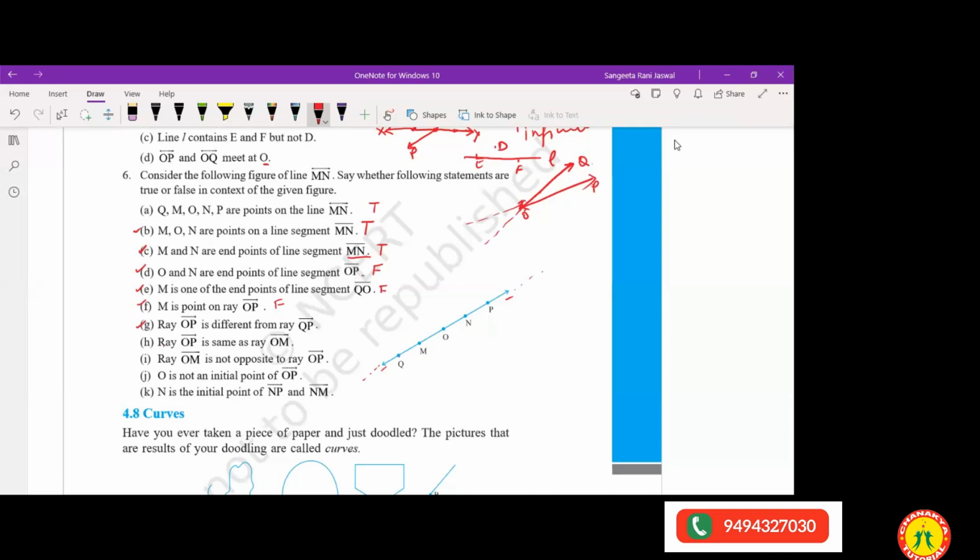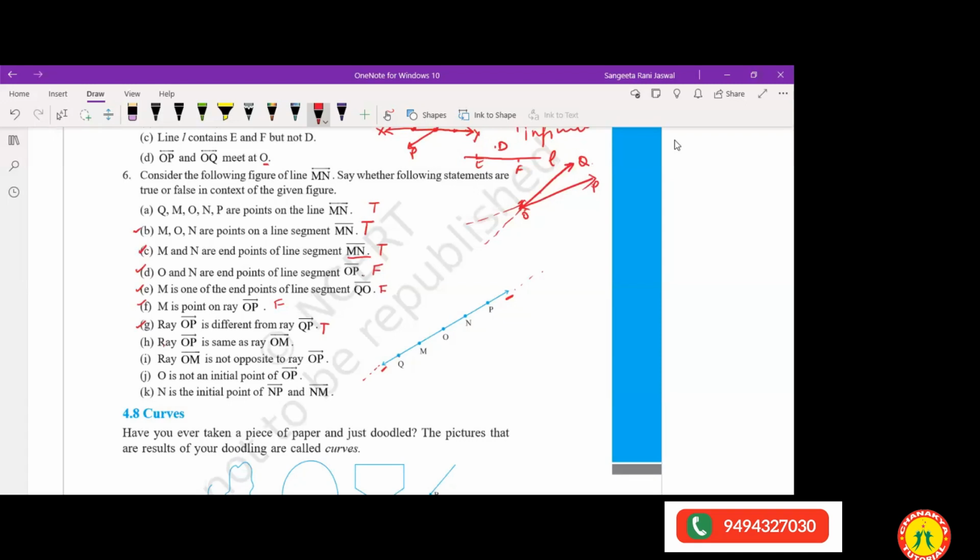From O to P is a segment. And Q to P is a line because it's showing arrows here. QP is a line and OP is a line segment. So I can say that OP is different from QP.